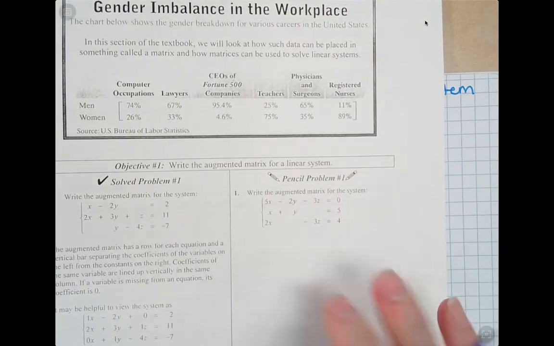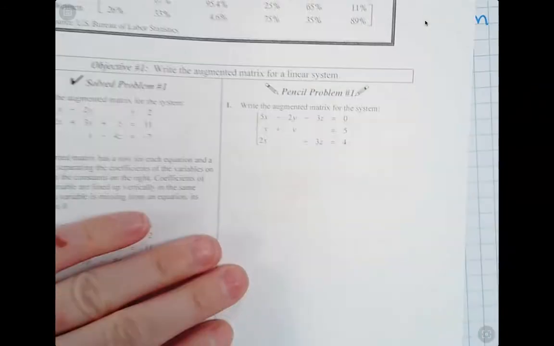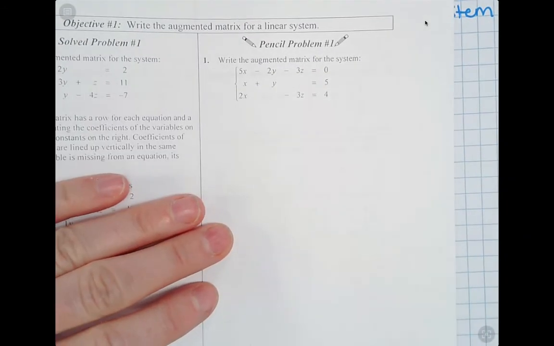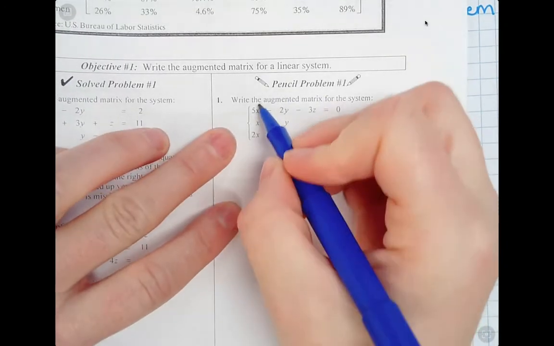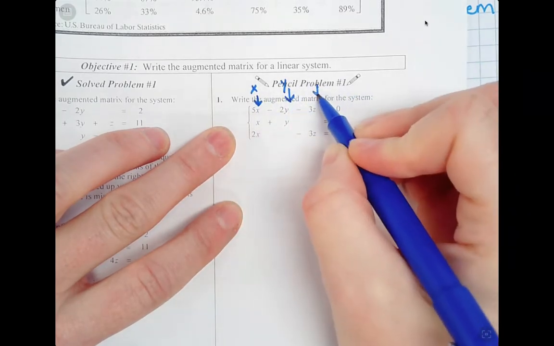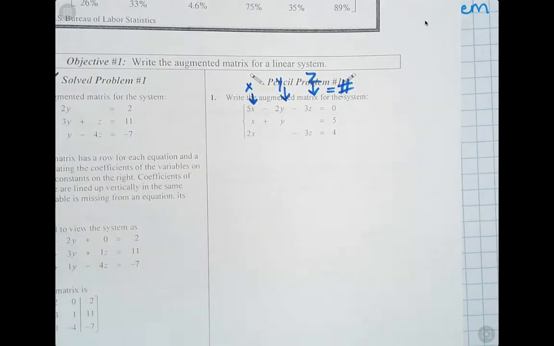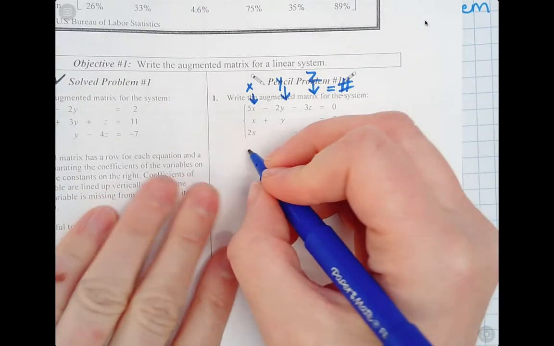Okay, so let's just look at this first example. Write the augmented matrix for this system. All you're writing are your coefficients, and make sure they're in order. So see how all of these are x's, these are y's, z's, and then this is equals some number. So we'll transfer this into a matrix.